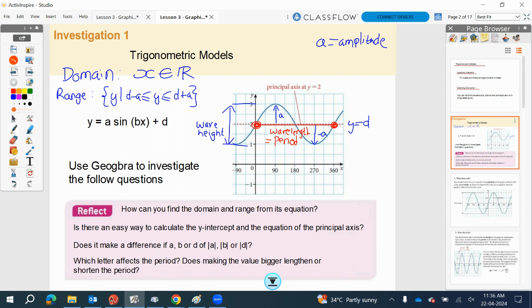We have a special formula for calculating the period, and that is that B is equal to 360 degrees divided by the period. If we're working in radians, it's 2 pi divided by the period. This is the most important formula. Let us find this.